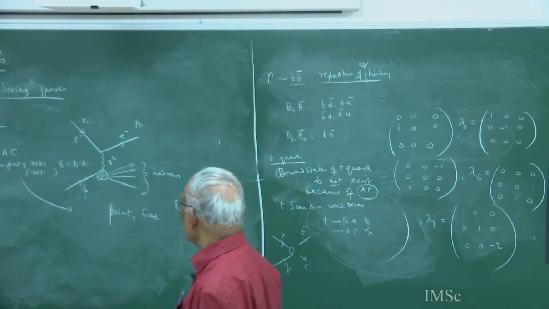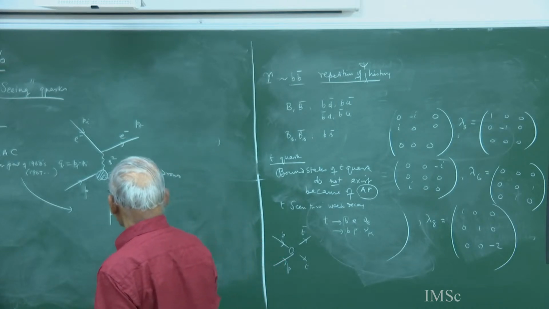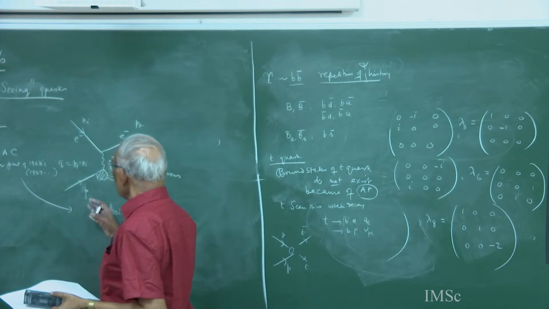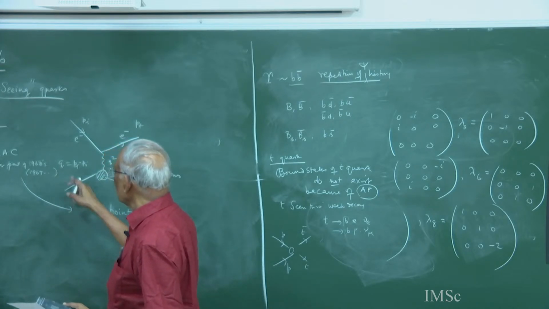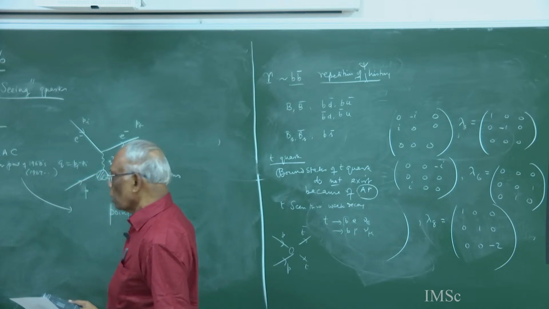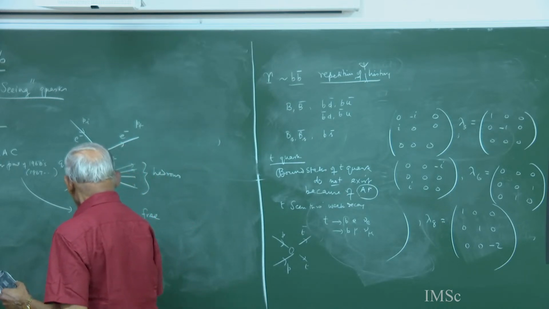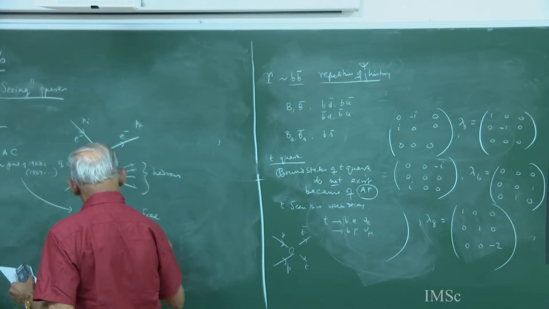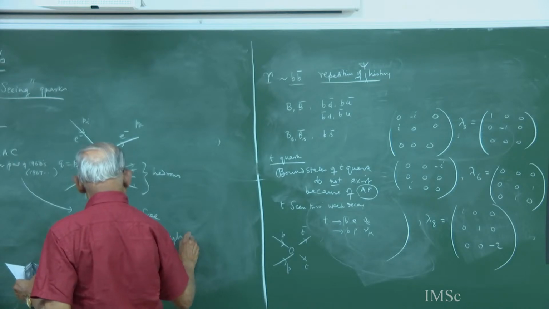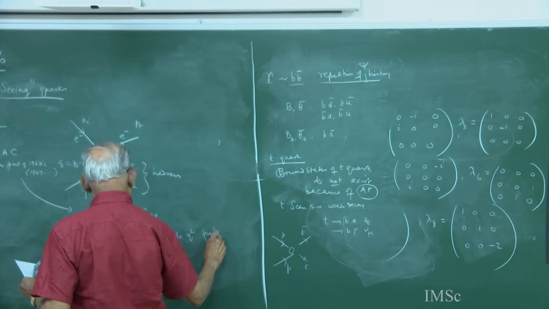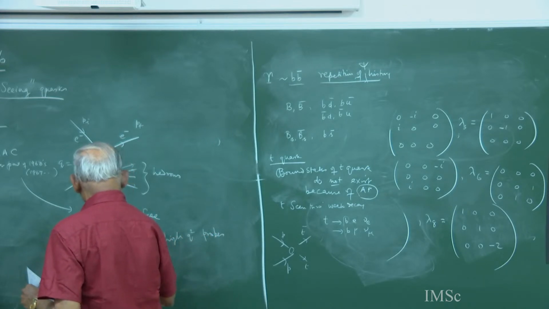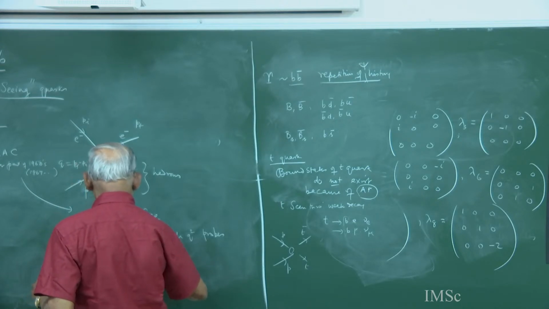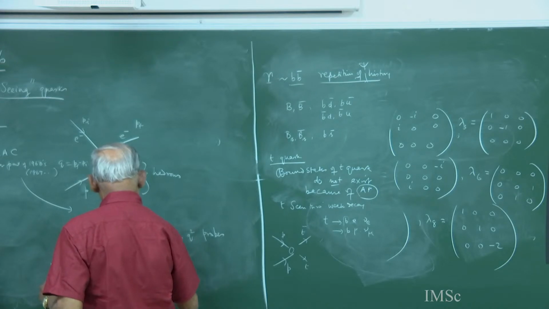The other thing is they behaved as if they are free. Whatever point particles make up the proton should be strongly interacting, but as observed through a very high Q squared probe, the constituents, whatever they are, behaved like free particles.